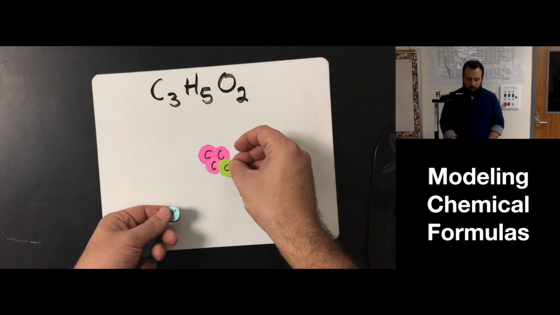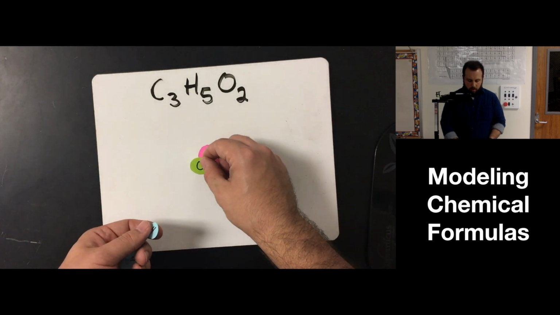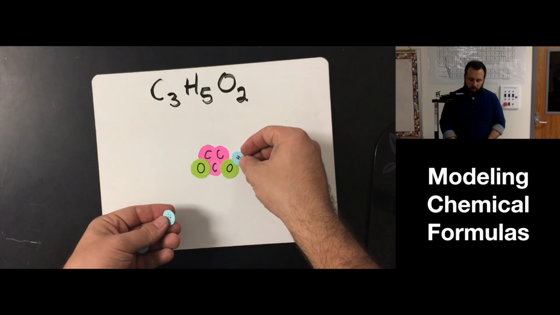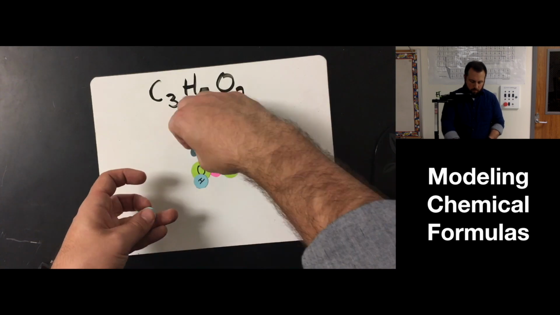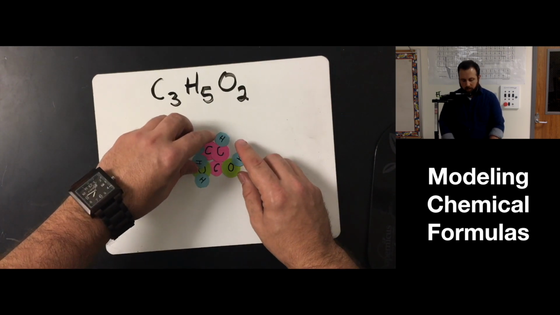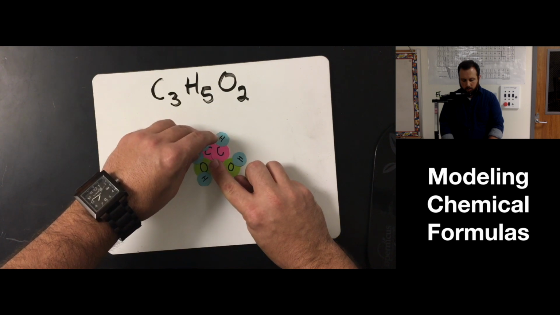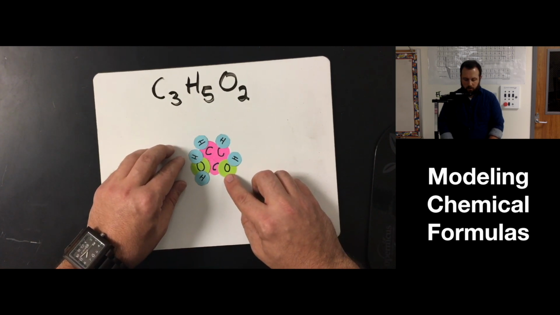So I'm going to throw these oxygens on here, and then we'll throw the rest of the hydrogens on. In this model, we've got all of these parts attached to one another.